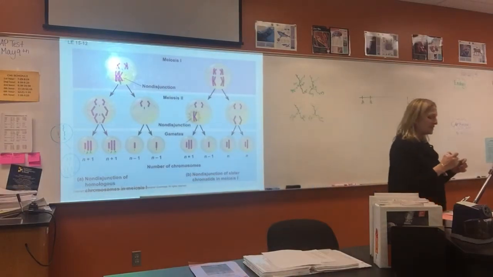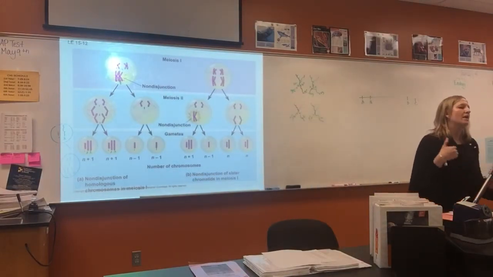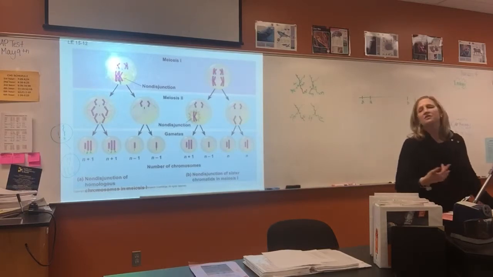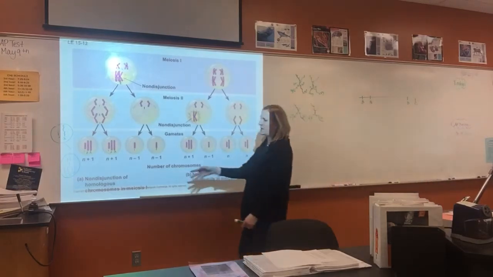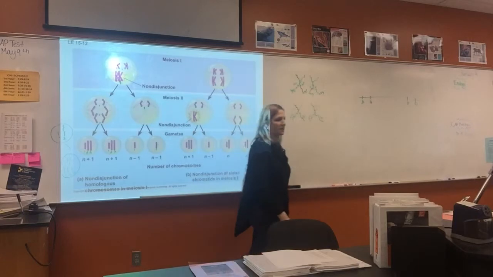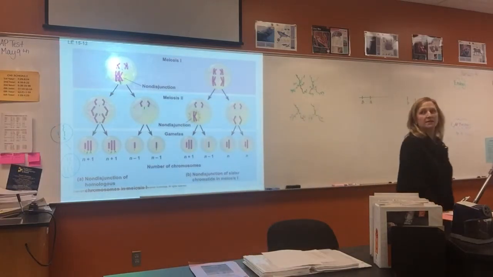This is what I was talking about when I introduced the male calico cat, he ended up as XXY. Remember that? So this is what would happen: mom could give 2 X chromosomes instead of 1, and therefore end up with a baby that's XXY.